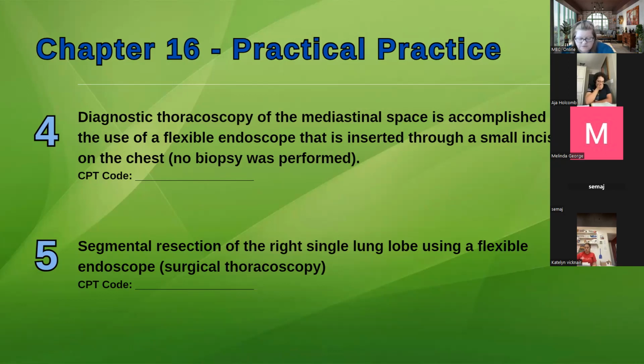And ours says thoracoscopy, diagnostic, lungs, pericardial sac, mediastinal or pleural space without biopsy. So that's us right there. 32601. Any questions on how we got there?